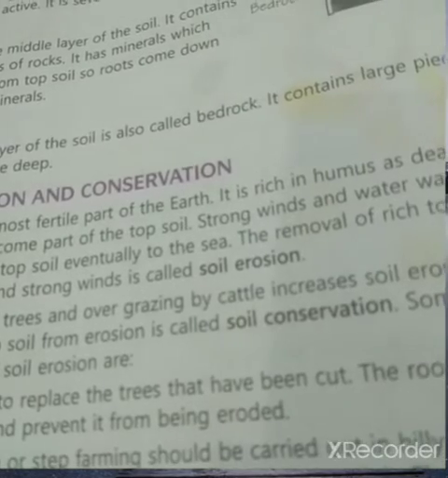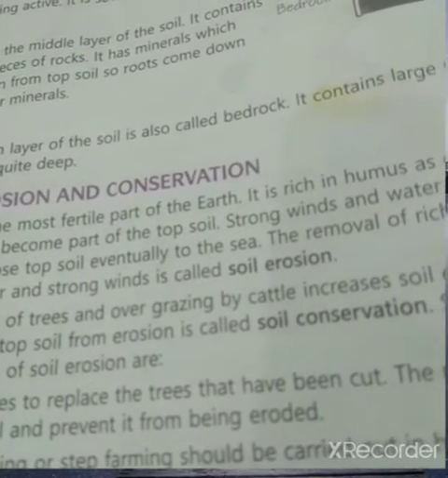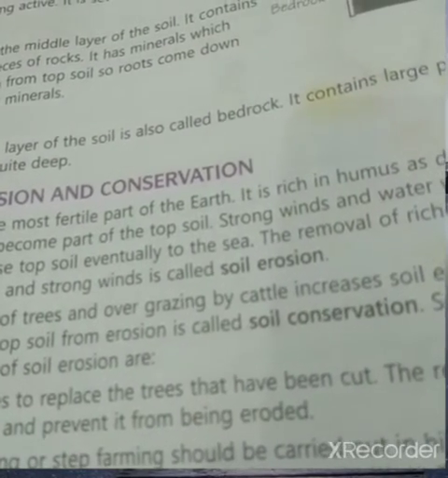So trees and plants, they only bind the soil together. If there are no plants or trees, the soil will be eroded. Soil erosion takes place.